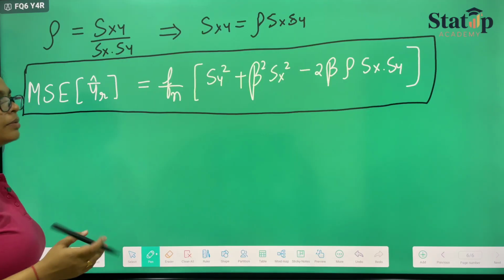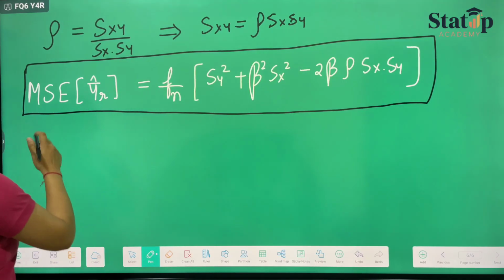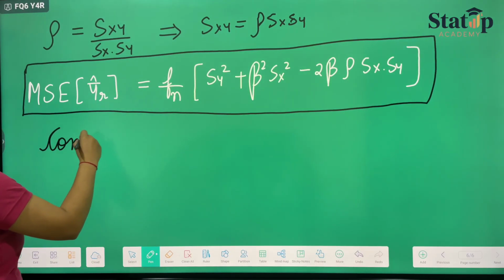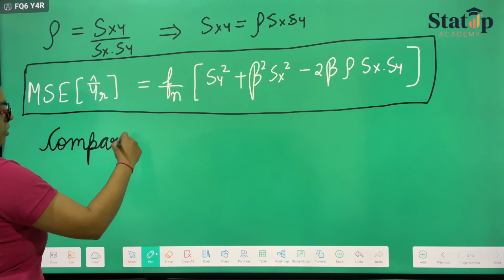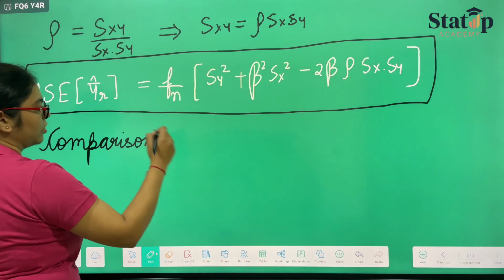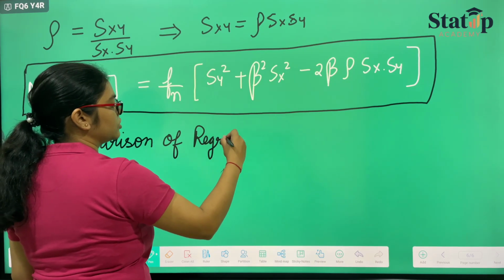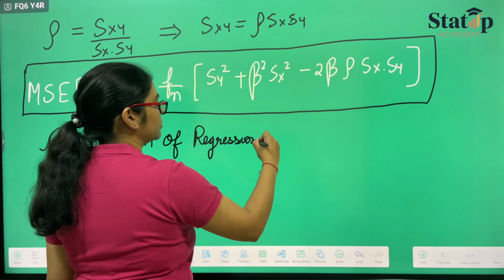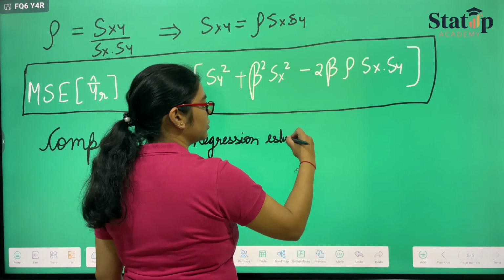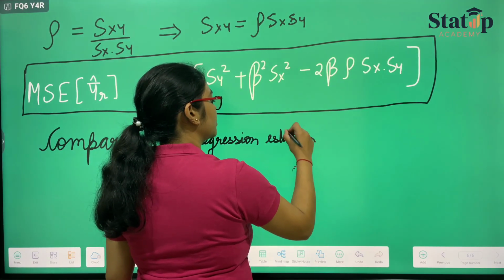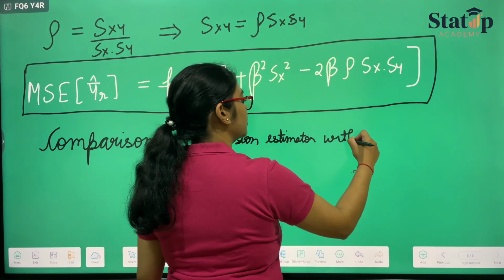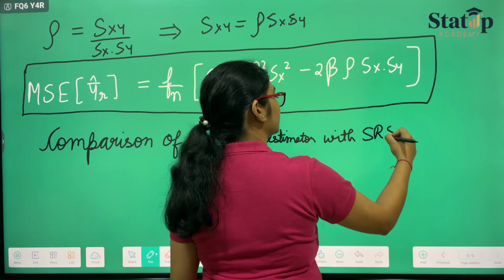So this is the derivation of the mean sum of square errors of the regression estimator. Now the comparison of the regression estimator with simple random sampling without replacement.